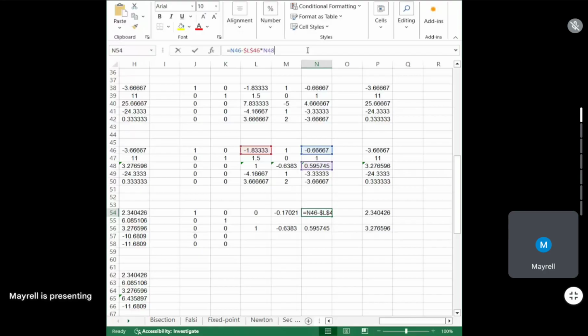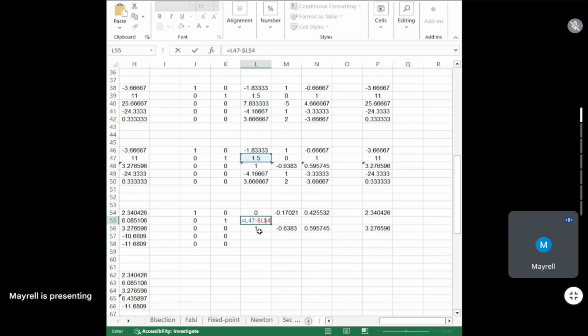Okay. Then the second row, so the element here minus our M for the second row is the element in A23. So that is in cell L47 times row 3. Okay.